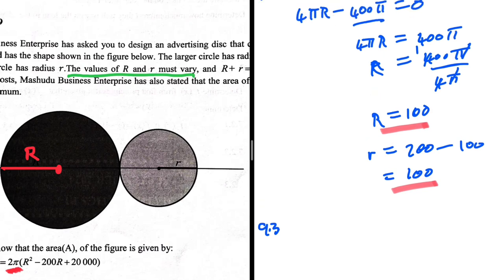But in order for this to be a minimum, the values of capital letter R and small letter r must not vary. They must both be equal to 100, right? So this shape is impossible because they are saying that they want it to be a minimum and they want the values of R and r to vary. But that cannot be true at the same time. Those two events are mutually exclusive. Here we go.